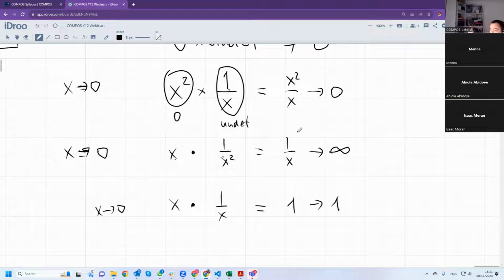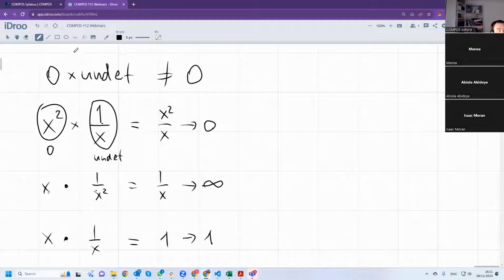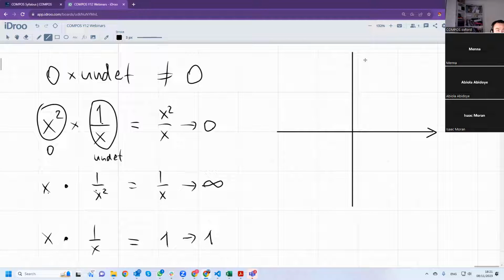Archie, x squared over x is the same as y equals x, except it doesn't exist when x is 0. If you draw the graph of y equals x squared over x, it doesn't exist when x is 0. So you put a dot here.